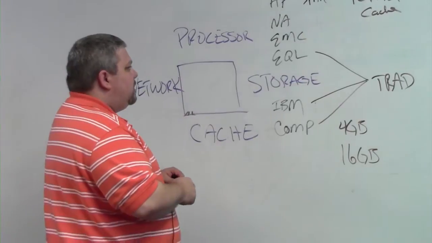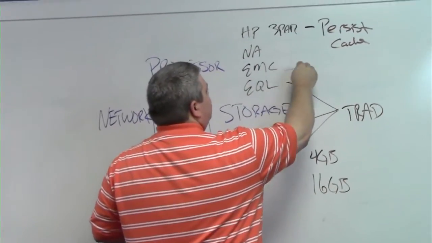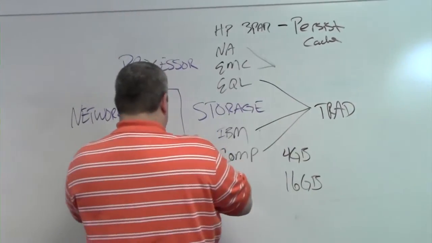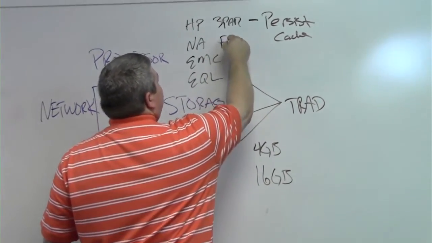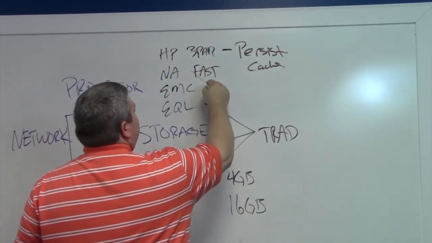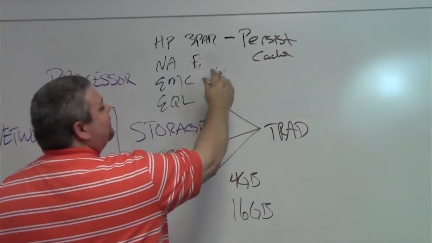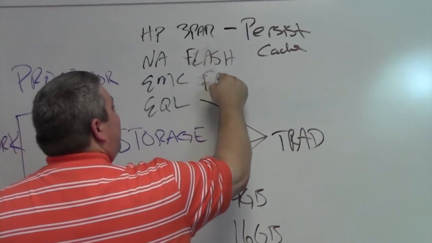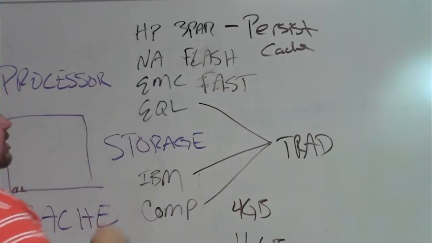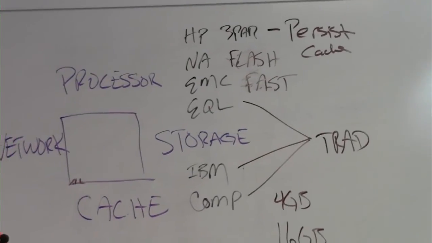The way that NetApp and EMC do it is, NetApp calls it Flash Cache, and EMC calls it FAST Cache. You can see why it gets confusing right away.